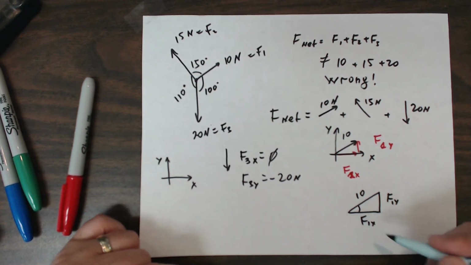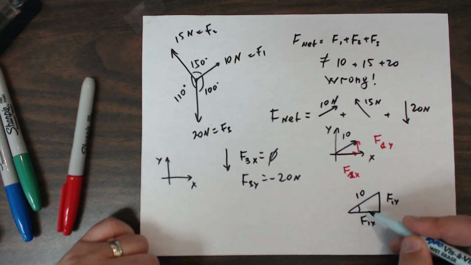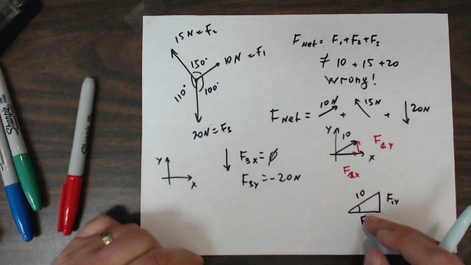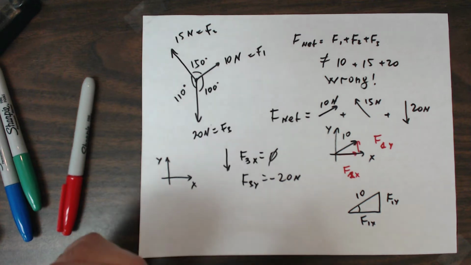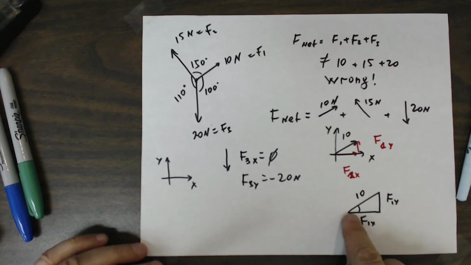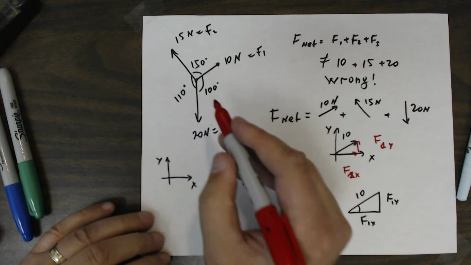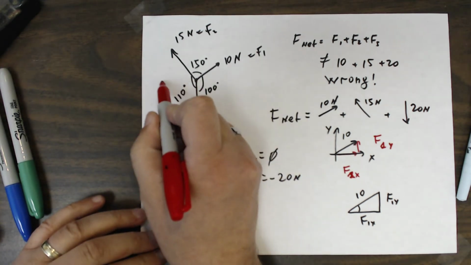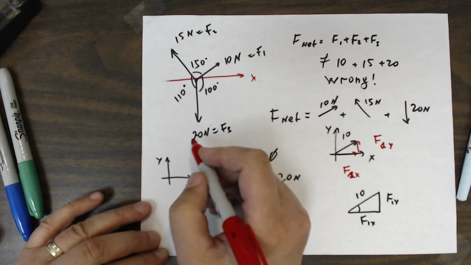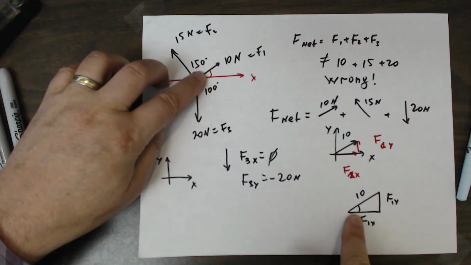Now we need to relate the component and the hypotenuse. We need to know this angle. Well, we have to go back to this picture and see the same angle here. The component is horizontal, it's parallel to the x-axis. So we have to draw that x-axis, and this is the angle, the same as this.